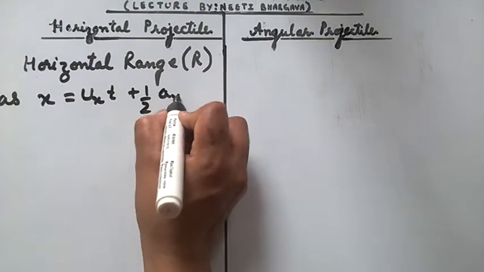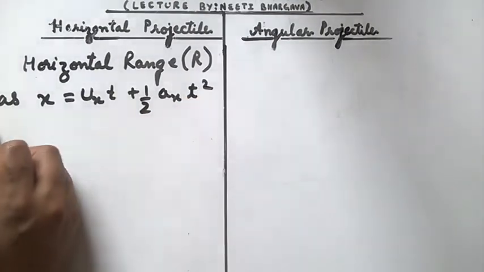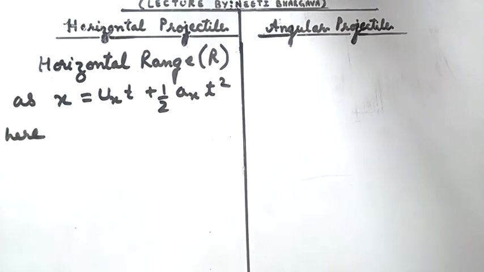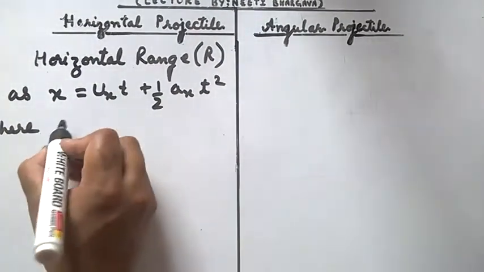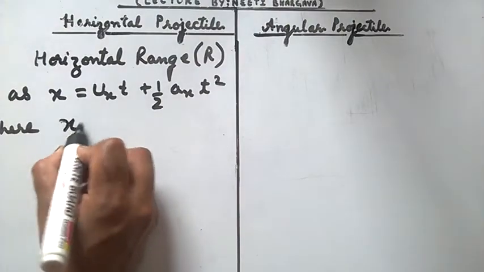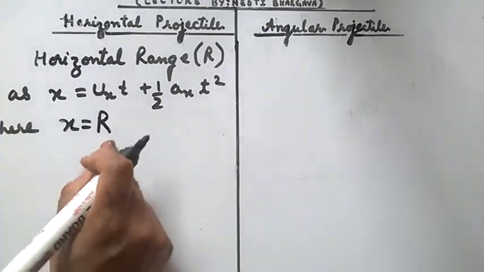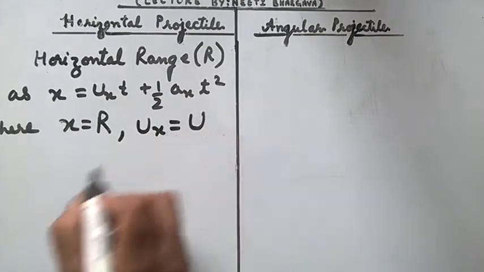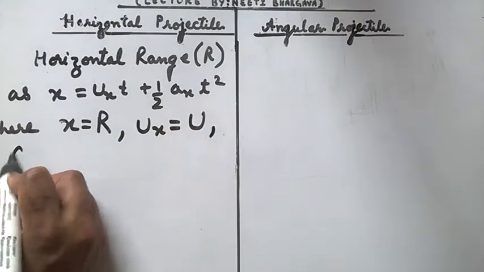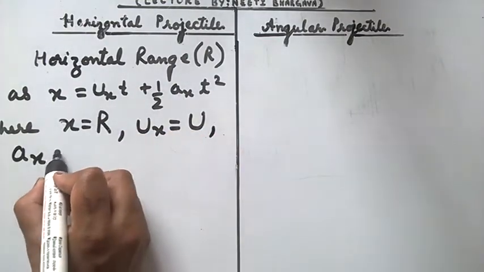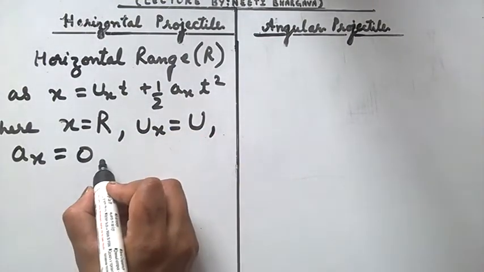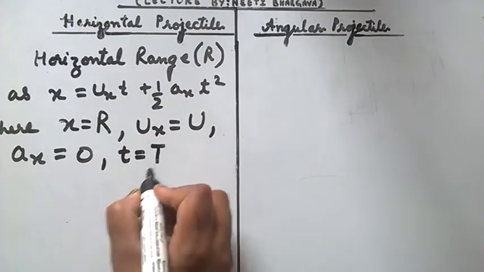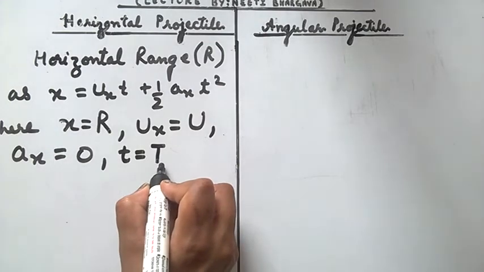Here we can substitute x is equal to R, that is the total displacement, ux is u which is constant, therefore acceleration along x-axis is 0 and t is equal to capital T, and its value we have already calculated, that is root 2h by g.